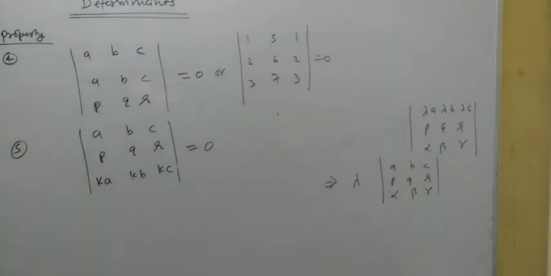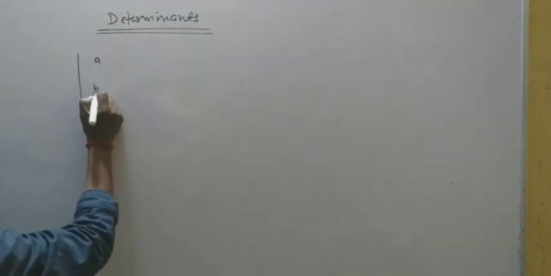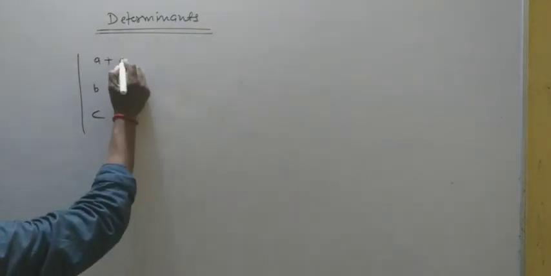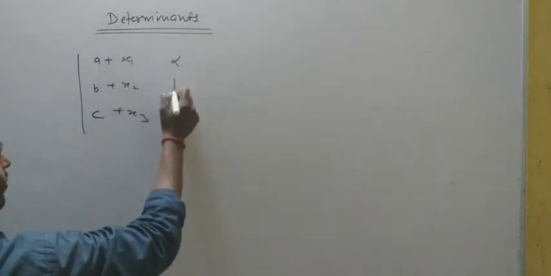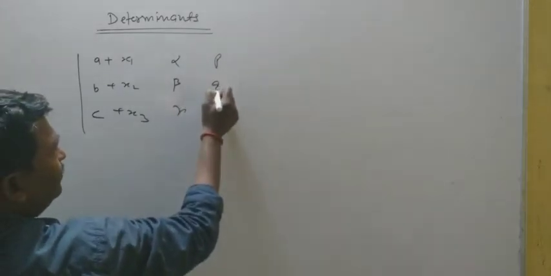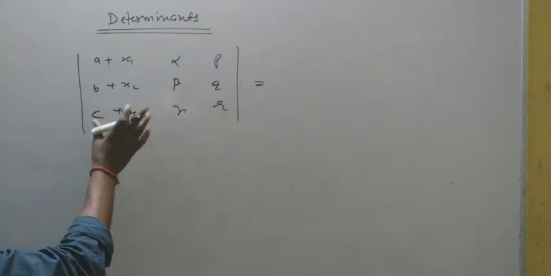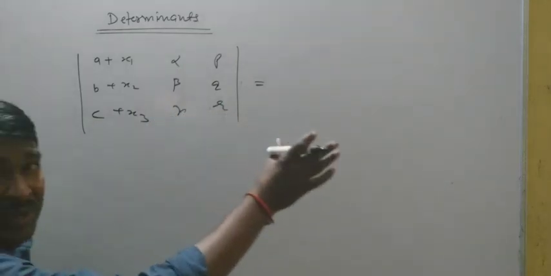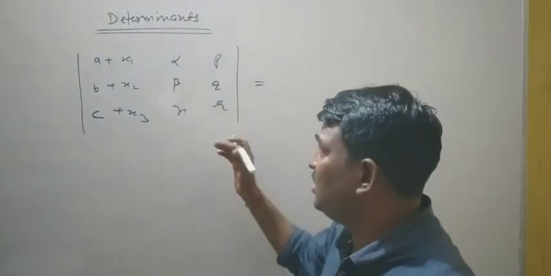Next property is that if each entry in a row of a determinant is written as the sum of two or more terms, like a, b, c here plus x1, x2, x3, with alpha, beta, gamma and p, q, r, then we can separate it and write it as a sum or difference of two or more determinants.